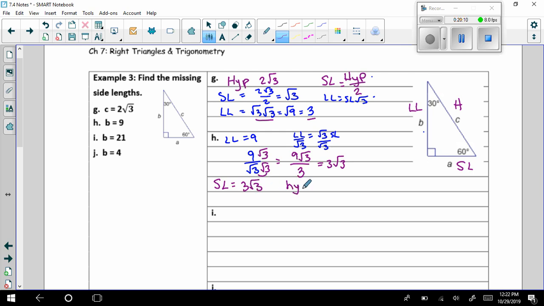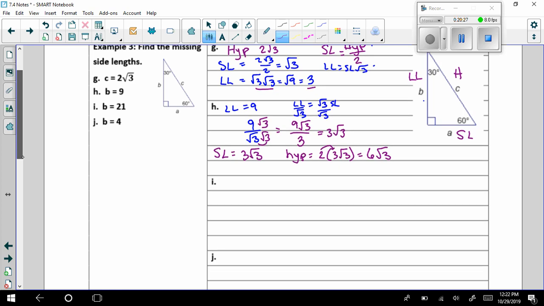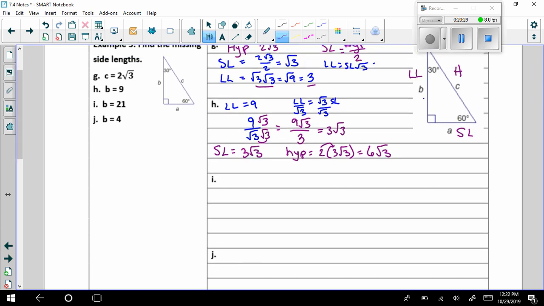Your hypotenuse is just double that. So 2 times 3 root 3. When we're multiplying with radicals, we just do outside times outside, so this is 6 root 3. Right. One more time for good measure. Here our long leg is 21.